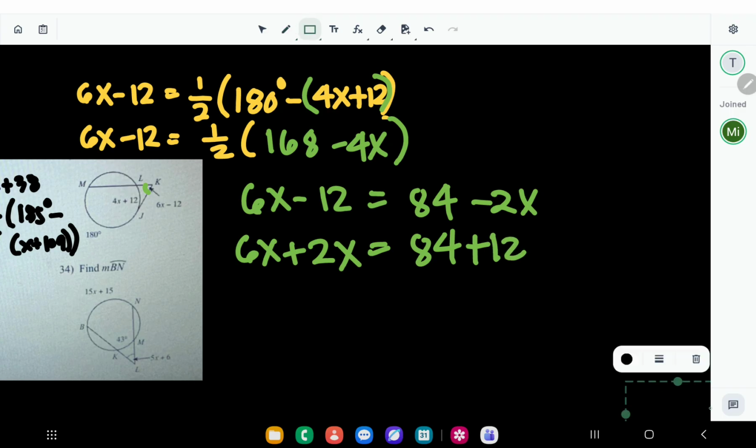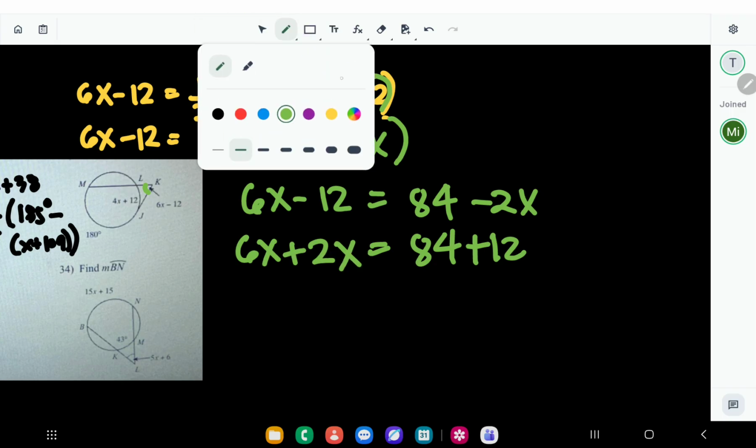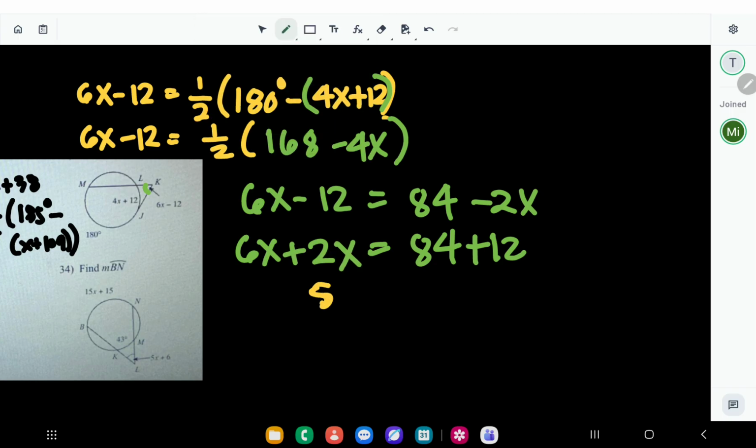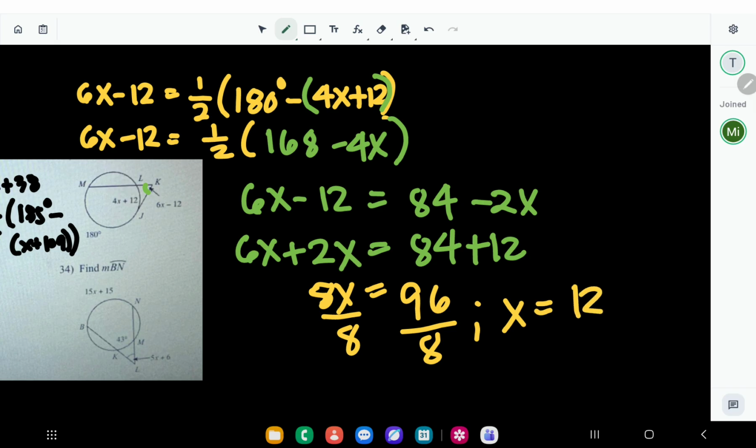Yeah, we made a mistake in that. So this is 8x equals 96. So 96 divided by 8. X is equal to 12.